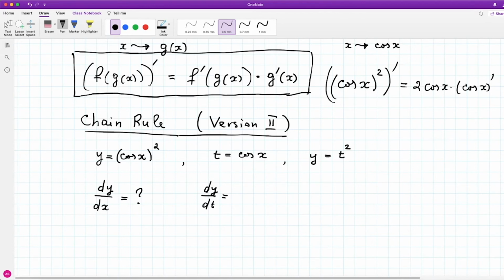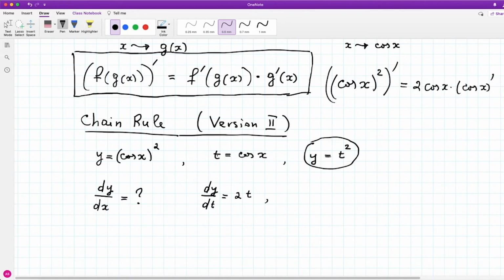For this derivative, it doesn't really matter how y depends on x. For calculating the derivative of y with respect to t, we only need to look at the relationship between y and t, which is y equals t squared. And so the derivative of y with respect to t, dy dt, equals 2t.